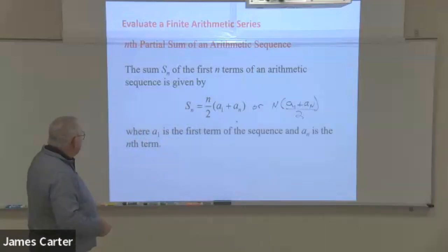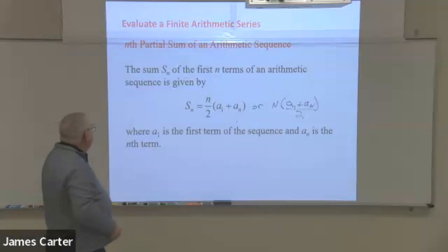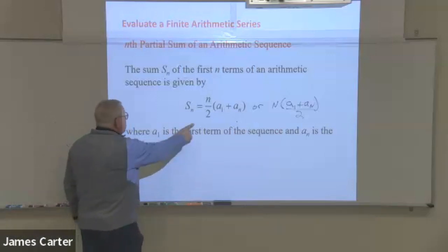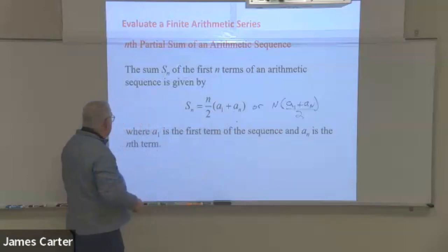A sub 1 is the first term of the sequence. I think it just died. That would be sad. How about that? Guess I'll have to use my fingers more. Okay, so anyway, A sub 1 is the first term of the sequence. A sub n is the last term.